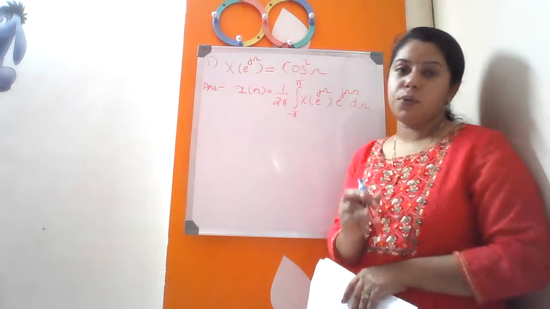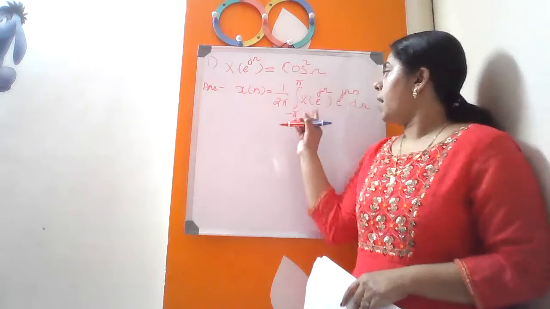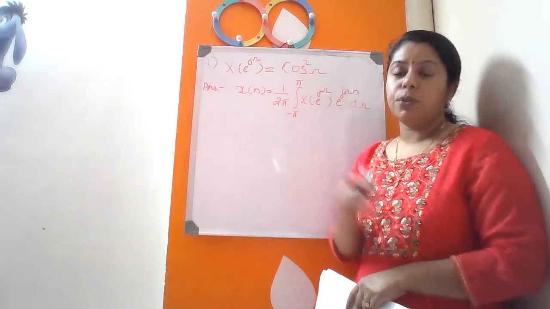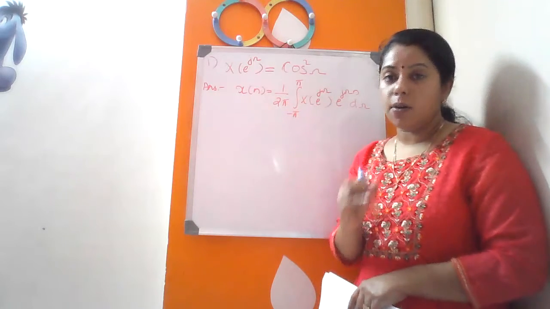Now let us substitute the value of X of e power j omega, which is cos square omega.